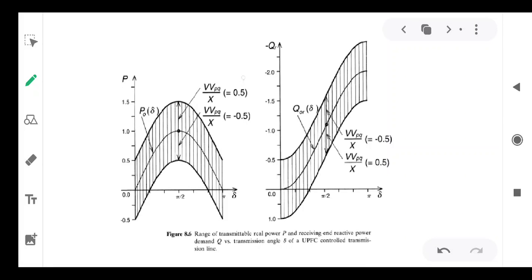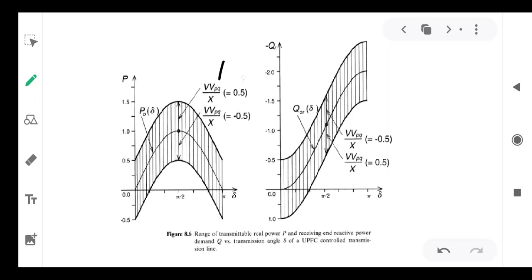So here VPQ is the injected voltage of the series converter of the UPFC. The VPQ can be controlled plus or minus VPQ. Here the first one is plus 0.5, the voltage variation.